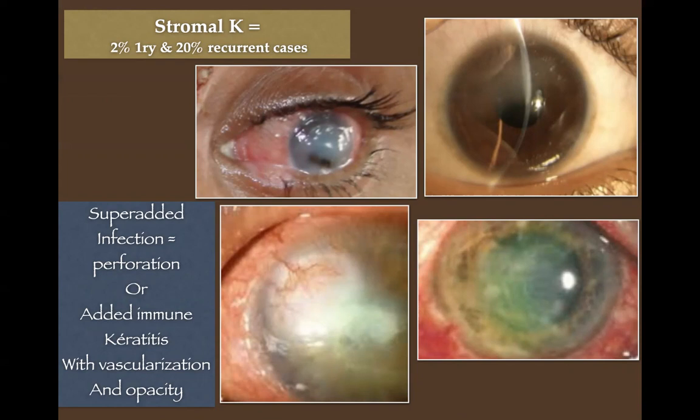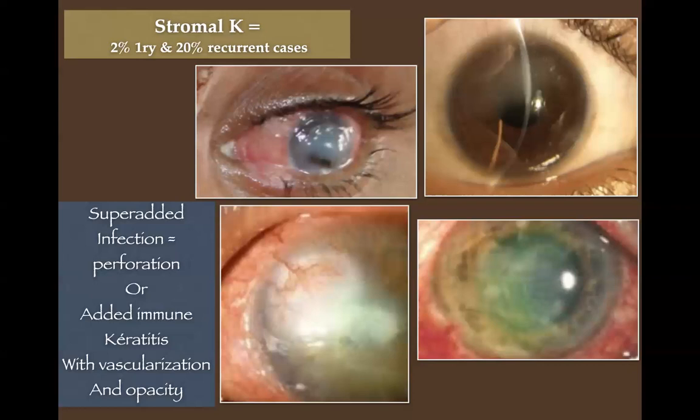On the right upper photo, you'll find just stromal haze that is going to scar, but with thickening. There is no thinning, as you see in the slit lamp section, and the epithelium is intact in this case.